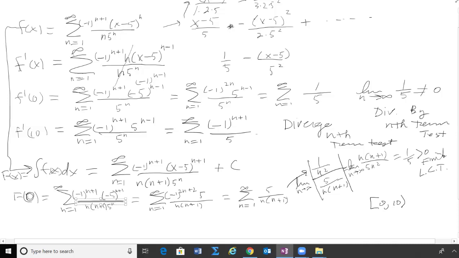Okay, so the c could remain there. You can just ignore it for this purpose in here. And again now over here, if you were a stickler for that detail, f of 10, you have -1 to the n plus 1, and then you'd have, let's see, you know what? I've got the wrong function up there.